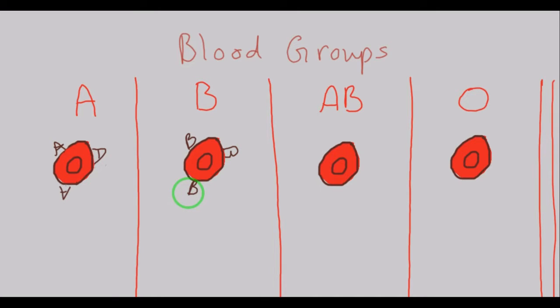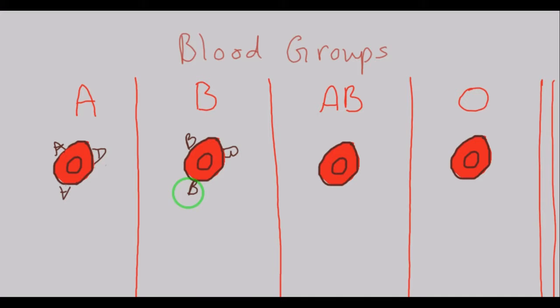The immune systems of the A blood group people know that this A is going to be sticking out on the outside of the red blood cell, and they think that that's normal. Their immune system thinks that the A is normal. But the people who have B blood group, their immune systems know that the B is normal.